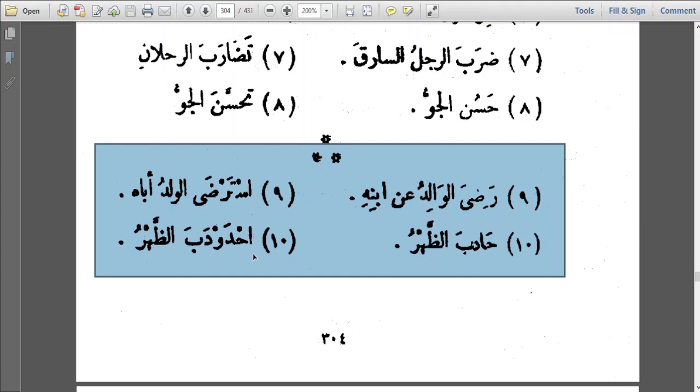Alif has been added, and then another dal has been added, and then the alif here has become waw here. Okay, and then so we have istaf. Let's say radiya is on the meter fa'ala or fa'ila, if you want to put it that way. The istarda, the meter will be istaf'ala.